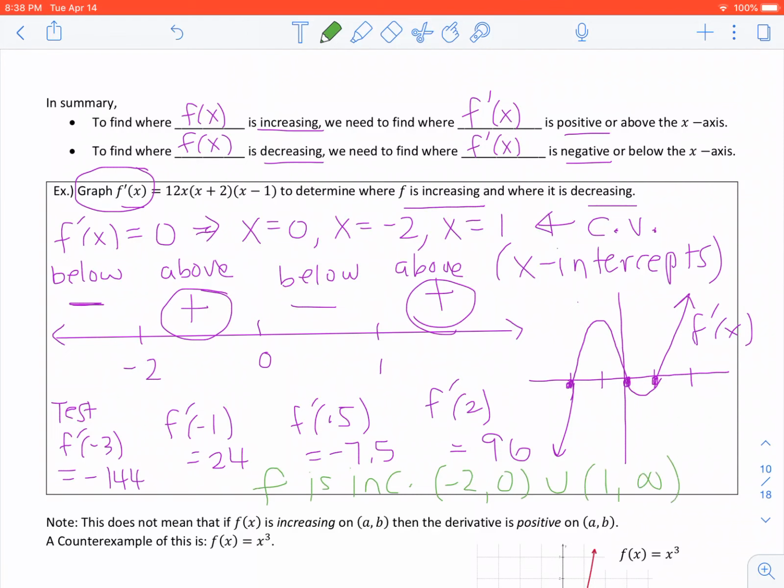And then f is decreasing where it is negative slope, which is going to be from negative infinity to negative 2, and from 0 to 1. It's where the graph of our derivative is below the x-axis. So negative infinity to negative 2, union 0 to 1.